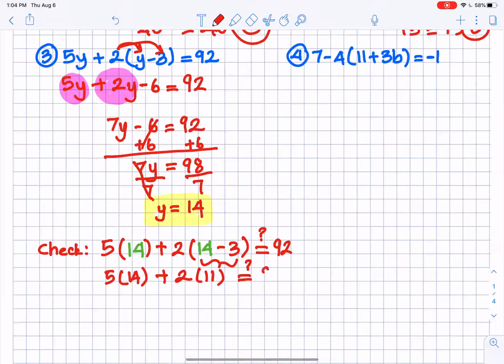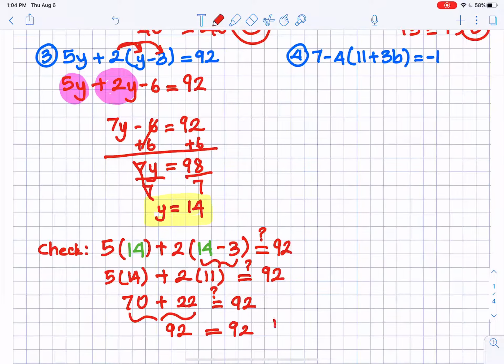Equals or not to 92. 5 times 14 will be 70 plus 22 equals 92. When you add 70 and 22, you will get 92. So it is correct. Yay, we got it right.